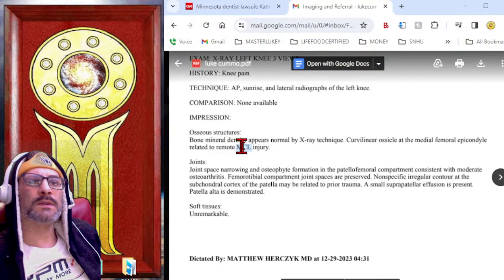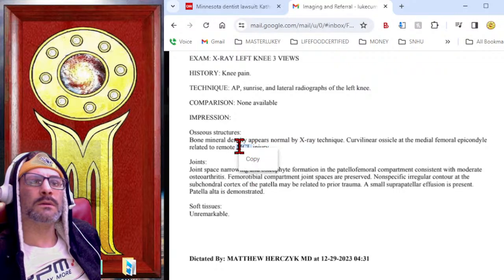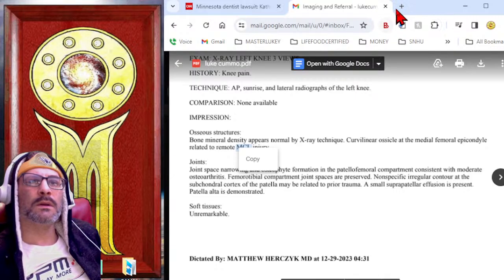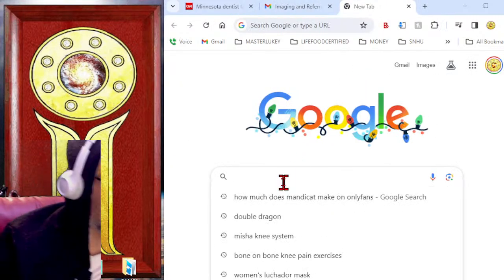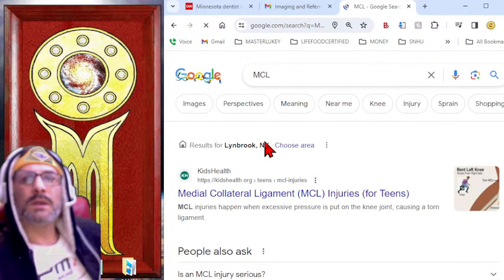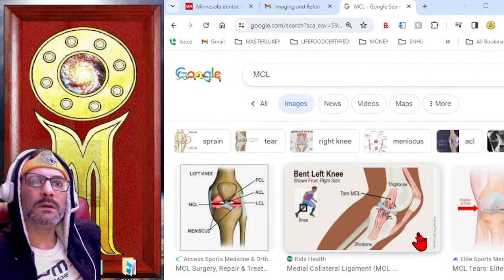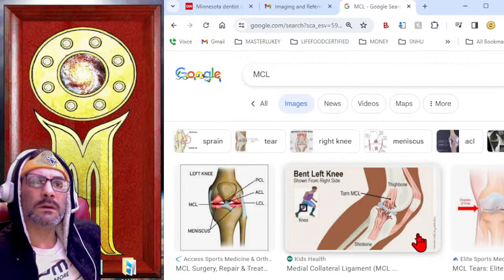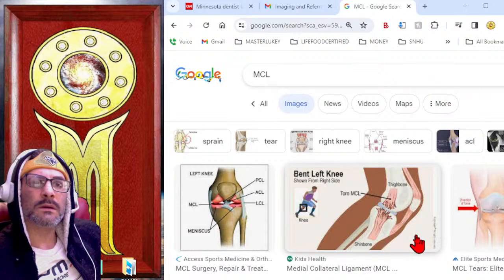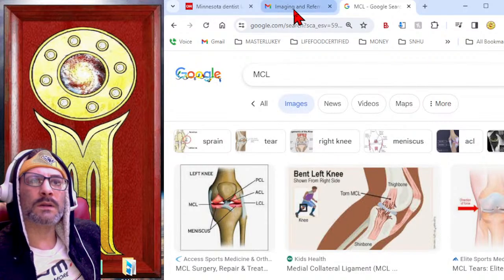I have a remote MCL injury? MCL is the ligament, right? Medial collateral ligament. Oh damn. Oh, I see.